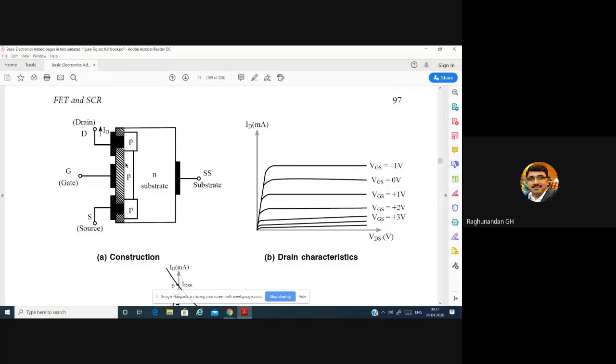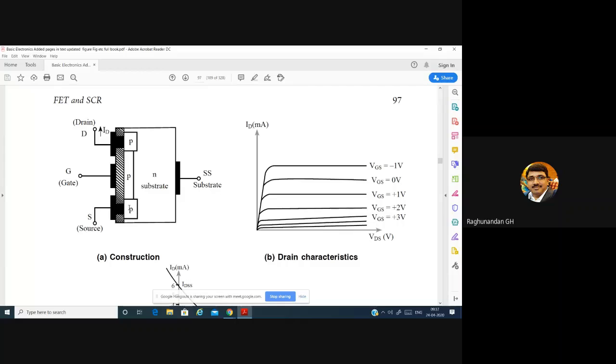But an electric field can be created whenever gate voltage is supplied. So it depends upon what kind of gate voltage you are using, whether it is a positive or a negative gate voltage.